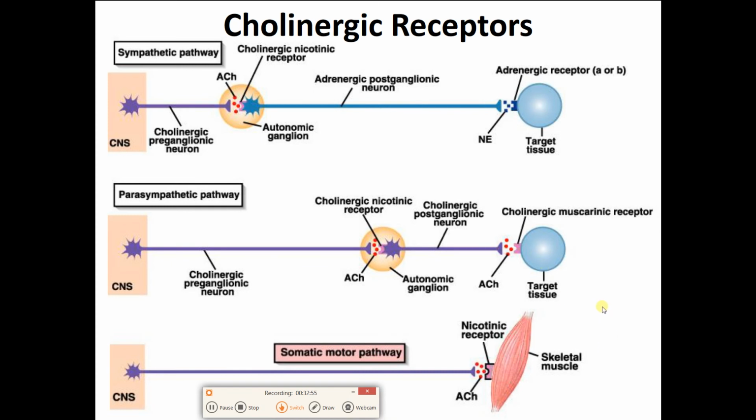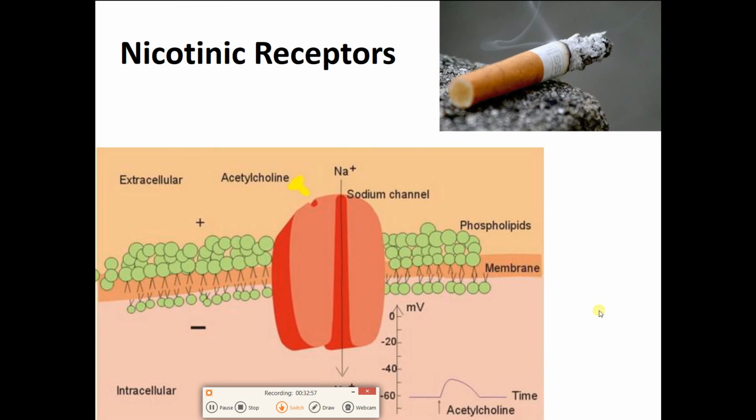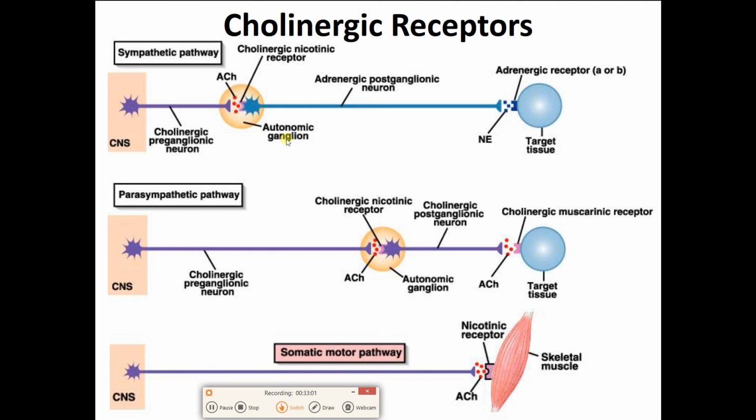All right, nicotinic receptors. Notice, I'm going to go back for a second. Notice that they're on my neurons here and my skeletal muscle. And the purpose of acetylcholine binding to the nicotinic receptors is to cause the neurons or the skeletal muscle to have an action potential. So how do we get that?